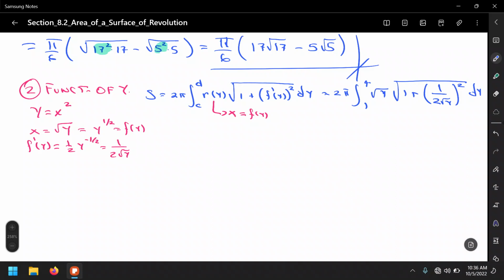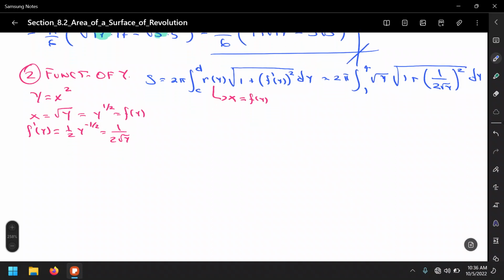Number one, the square root of y times the square root of 1 plus 1 squared, which is 1, over 2 squared, which is 4, and square root of y squared. Cancel the radical with the square, that's simply y, times dy.